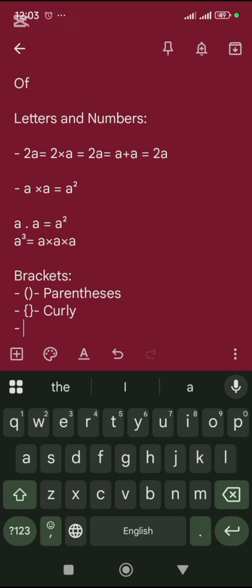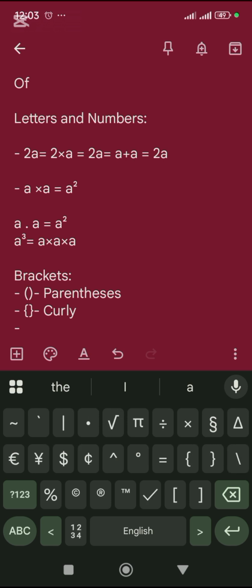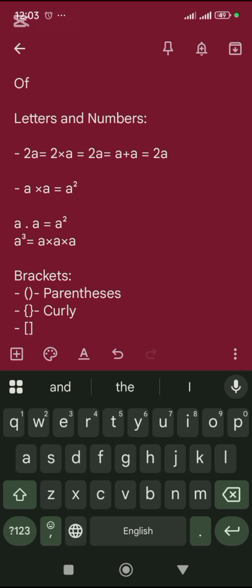Number three is this type of bracket, and it is called square bracket. And so any of these brackets, when used directly, means multiplication.